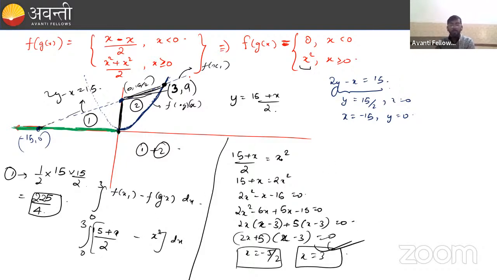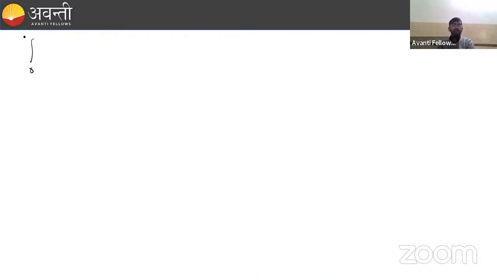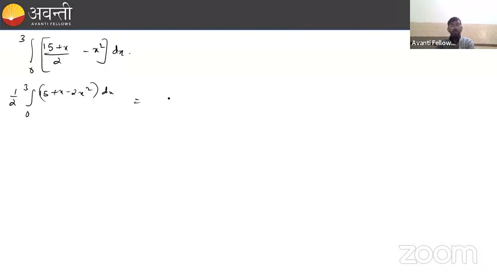Now, the integration from 0 to 3 of (15 plus x) by 2 minus x square dx is simple. We can write this as 15 plus x minus 2x square dx, and 1 by 2 we can take outside. So the integration is 15x plus x square by 2 minus 2x cube upon 3, from 0 to 3.